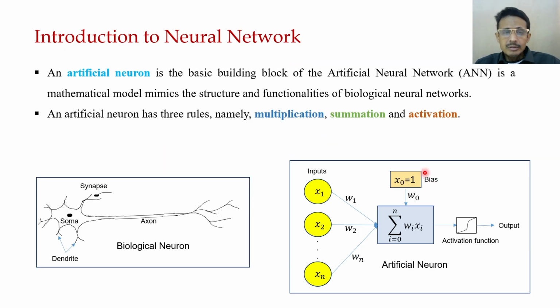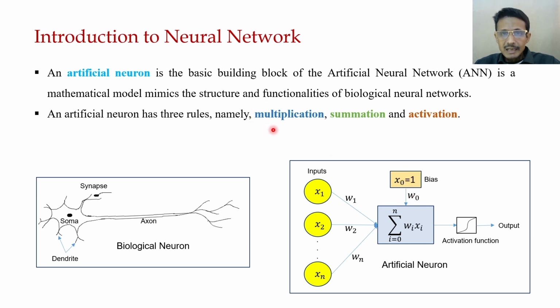Okay. Now first we'll start with an artificial neuron, which we have just discussed. The artificial neuron is the basic building block of the ANN, and it mimics the structure and some functionalities of biological neurons. Here we can see three main things. One is multiplication: x1 is multiplied with w1, x2 with w2, xn with wn, and the bias term x0 is multiplied with w0.